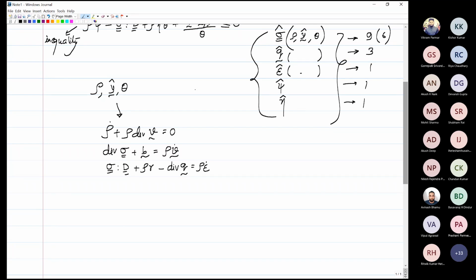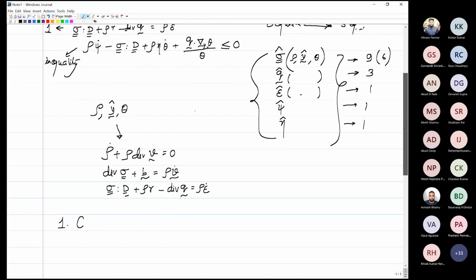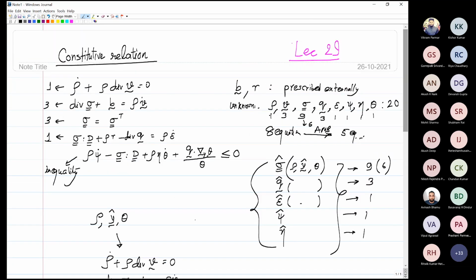It can't be arbitrary. It has to satisfy the laws of physics. Number one is what is called causality. This, by the way, is in chapter 7 of the textbook.